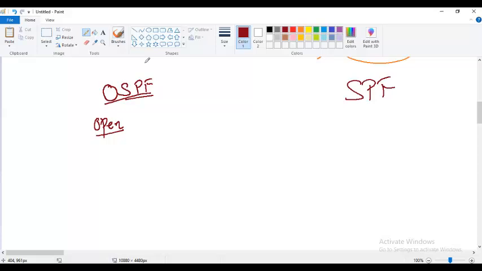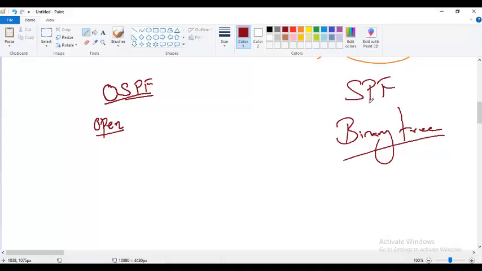SPF is an algorithm which is also called as binary tree algorithm. You might have heard this in your college days. Binary tree algorithm or SPF algorithm or Dijkstra's algorithm. Dijkstra is a name of a man. Even though this SPF algorithm was designed by Dijkstra, he made it as open standard.